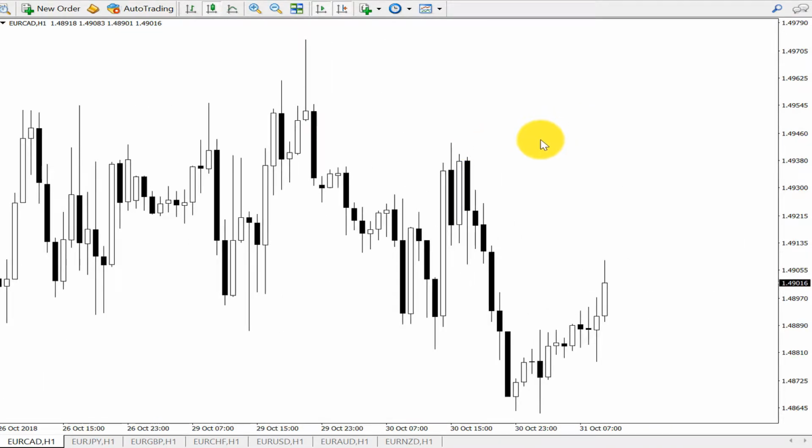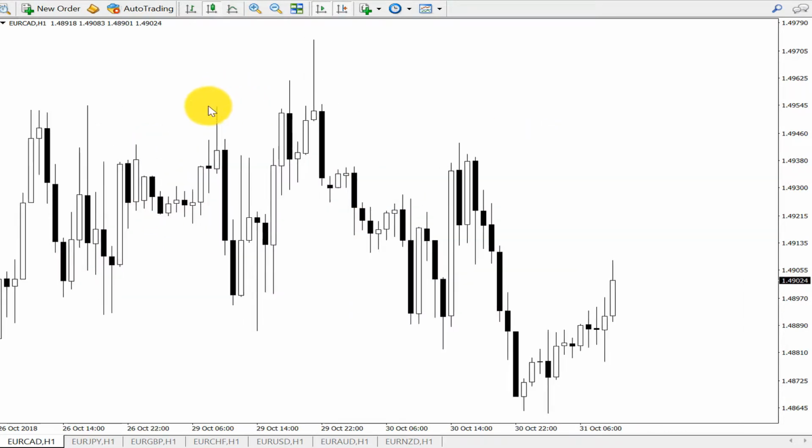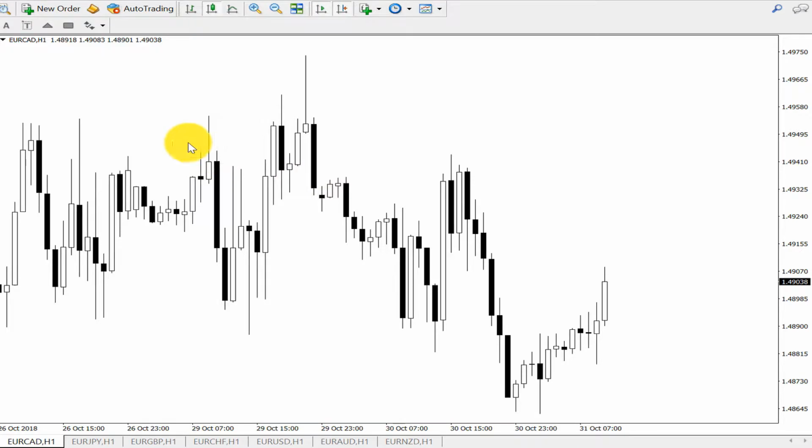If we observe, we can see clearly that the pair is in down mode, obviously in down mode. So here we can say that euro CAD is in down mode.